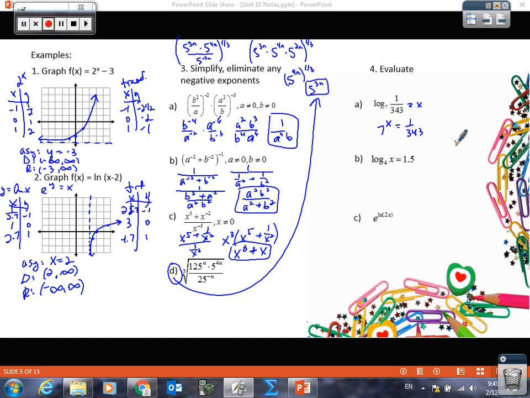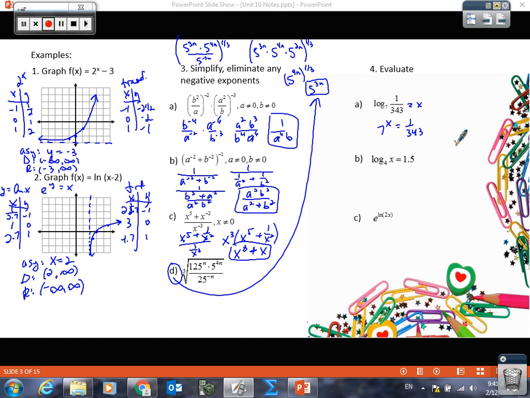Now, you're not going to get anything typically that's impossible to solve. So 343 must be 7 to some power, right? Without a calculator, 7 times 7 we know is 49. 49 times 7, that's 7 cubed.